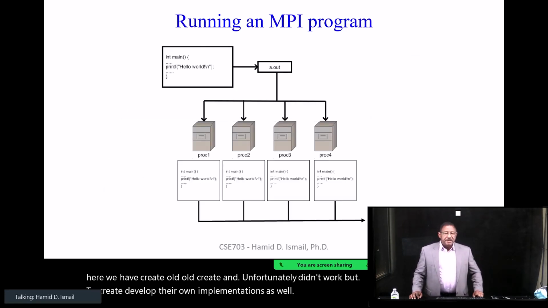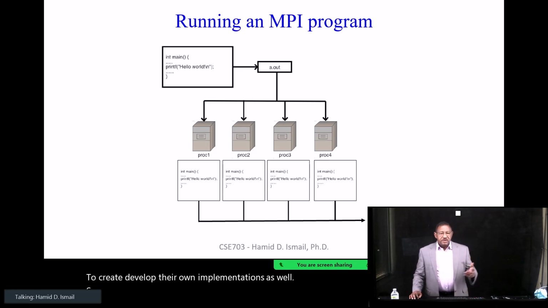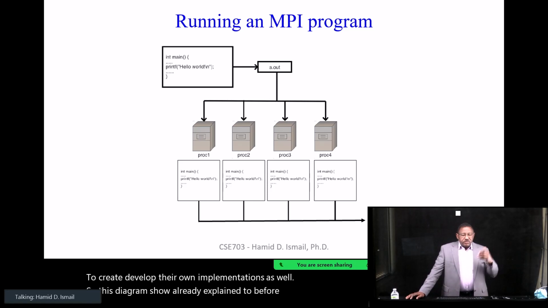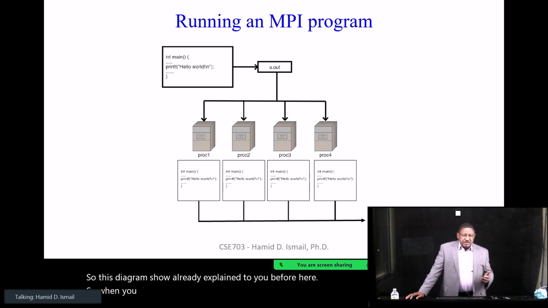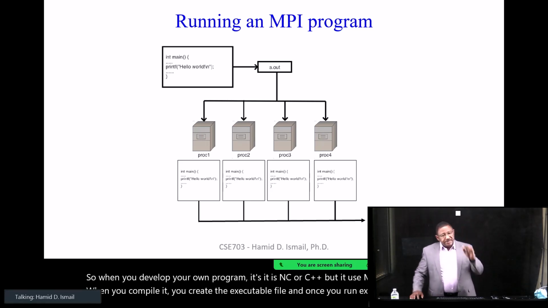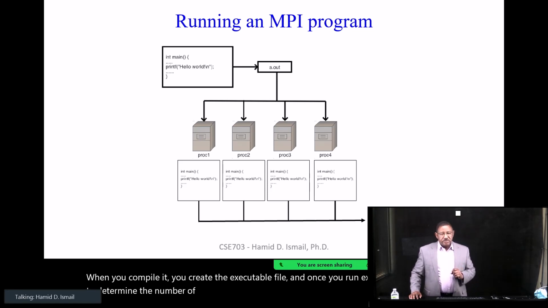So this diagram shows what we already explained to you before. When you develop your own program, it is in C or C++, but it uses the MPI library. When you compile it, you will create the executable file, and once you run the executable, you need to determine the number of processors that you're going to use.